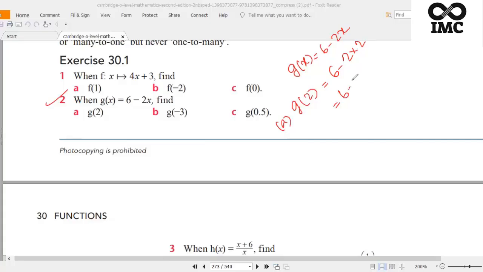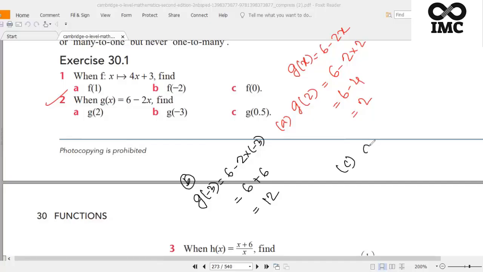So 6 minus 2 into 2 is 4. Answer will be 2. Very simple one. Now question number B. B says g of minus 3. So here what will be the answer? 6 minus 2 into minus 3. Here we can write 6 minus into minus plus, 2 threes are 6. So 6 plus 6 will be 12.